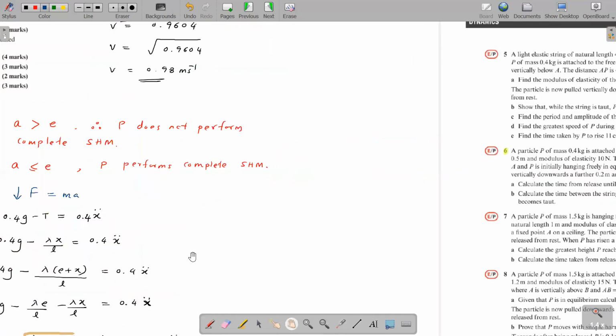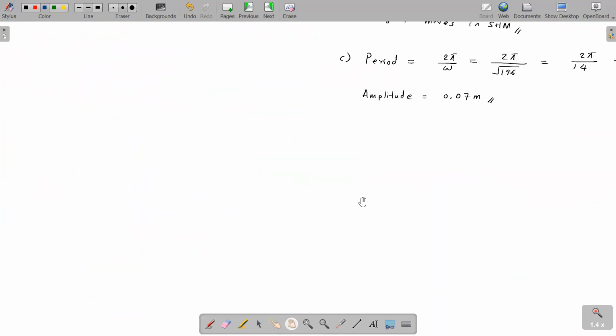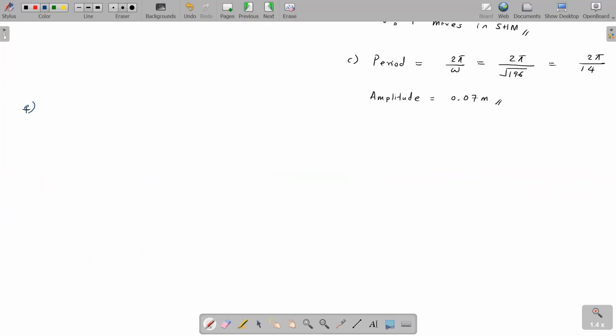Let me draw a quick sketch. This is part E, right? This is the particle. This is the 7 centimeter amplitude, that is 0.07 meters. And this is the highest point P. At this point, X is 0.04.